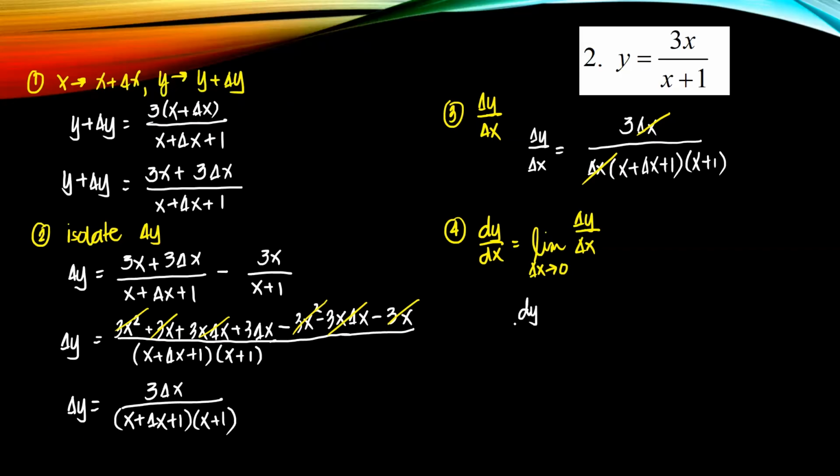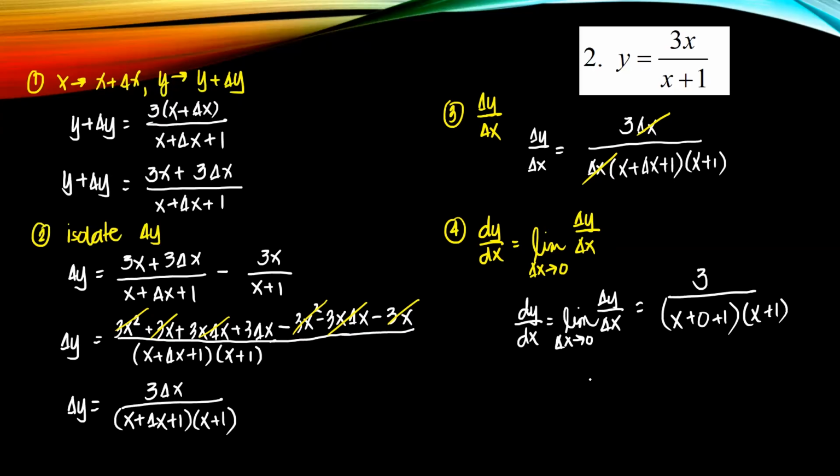So dy over dx is basically the limit of, so this becomes 3 over x plus 0 plus 1, x plus 1. Okay, so that means dy over dx is simply 3 over x plus 1 squared.